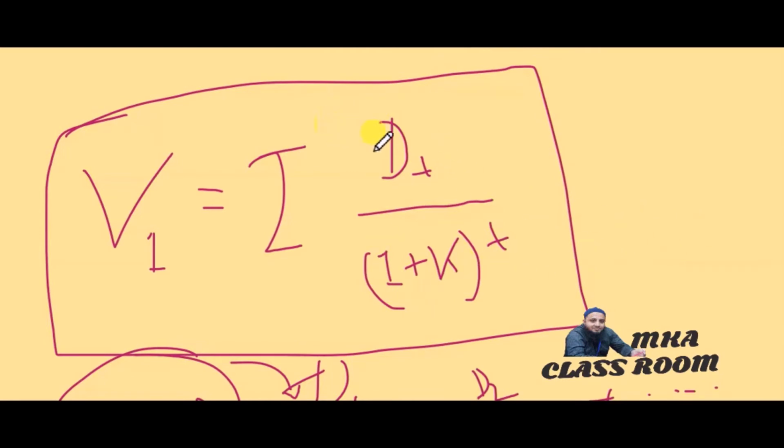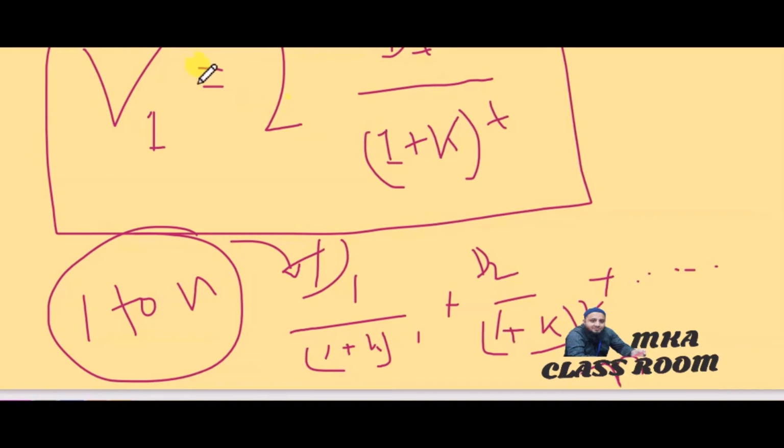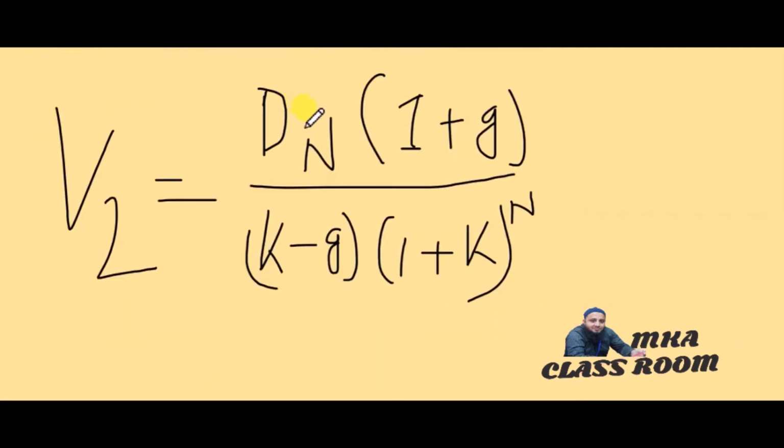Now we will see the second phase. The second phase present value is denoted as V2, or valuation 2, and would be based on the constant growth model, because the dividend growth is assumed to be constant during the second phase.